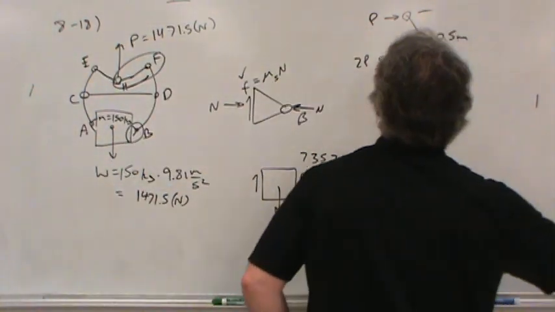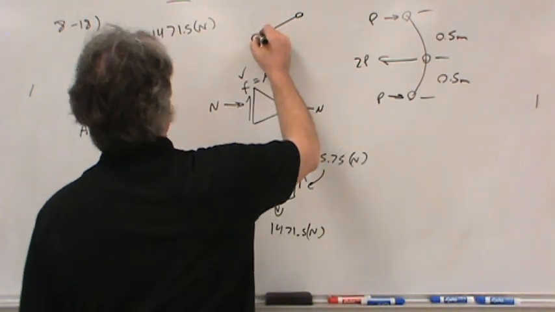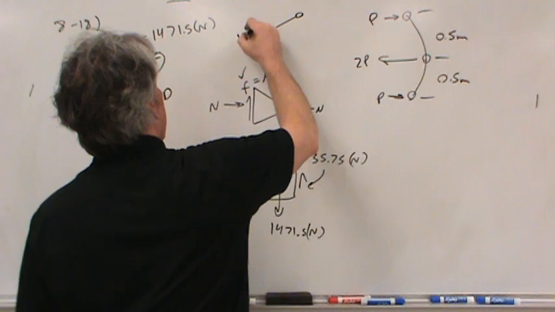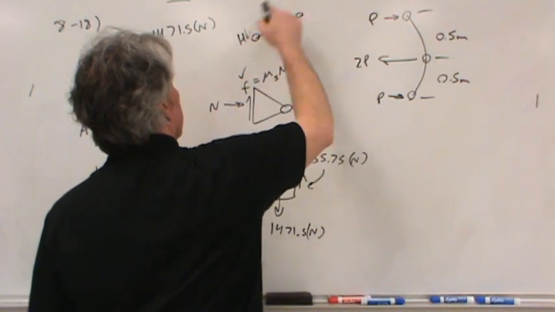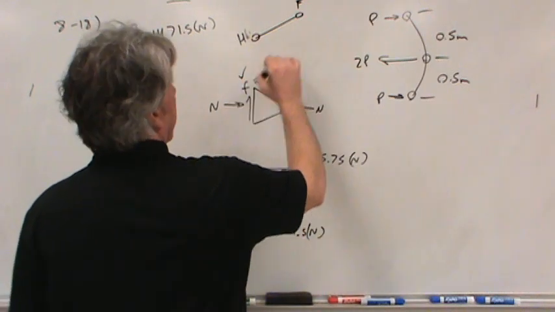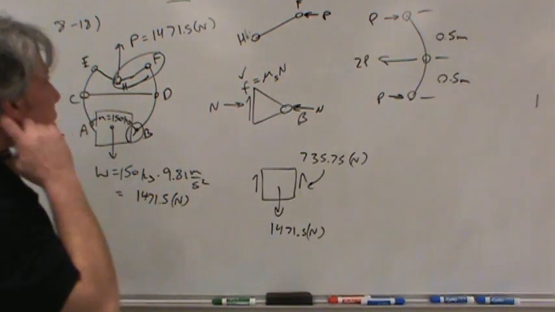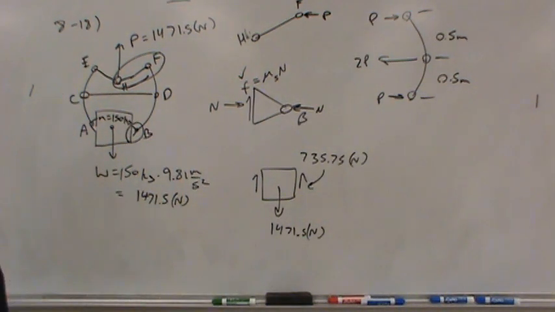And so what's really interesting now is the fact that this member, HF, bless you, is applying a force, it's going to be something like that. Of course, that's not really right, is it?